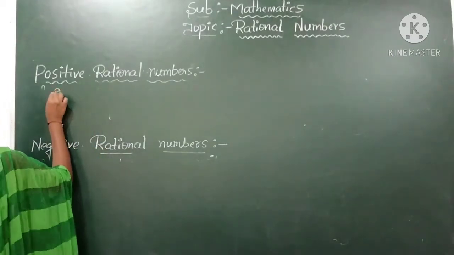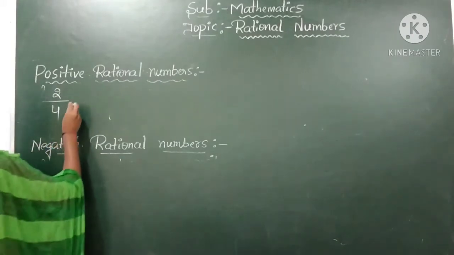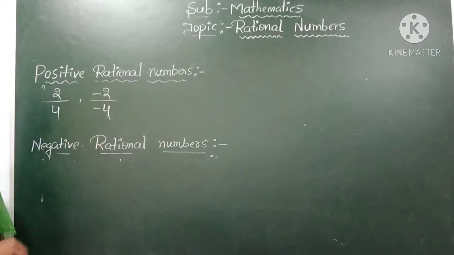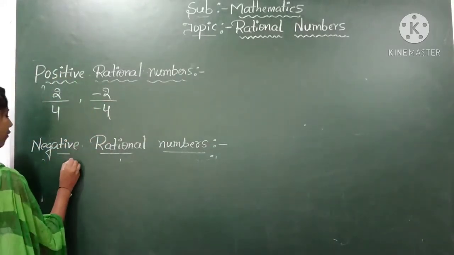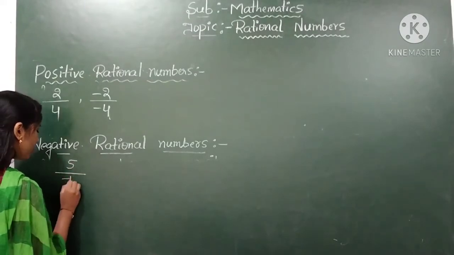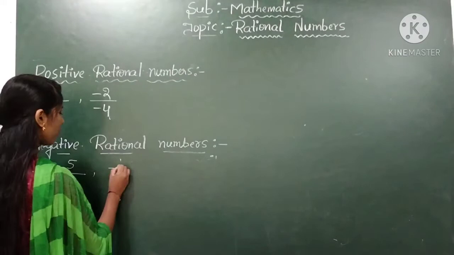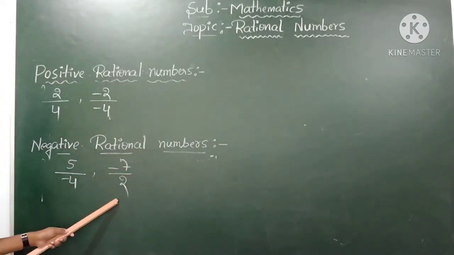Yes, 2 by 4. This is a positive rational number. Both sides have the same sign. And minus 2 by minus 4 is also a positive rational number. Next, 5 by minus 4: one positive, one negative. Minus 7 by 2: one negative, one positive.